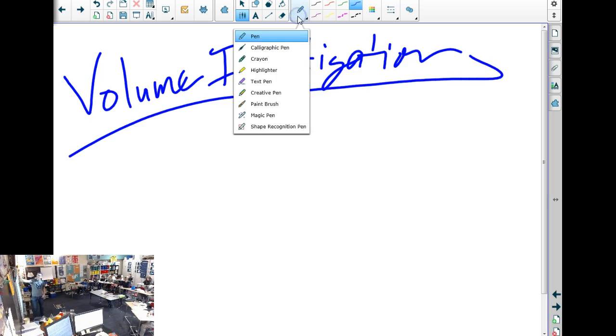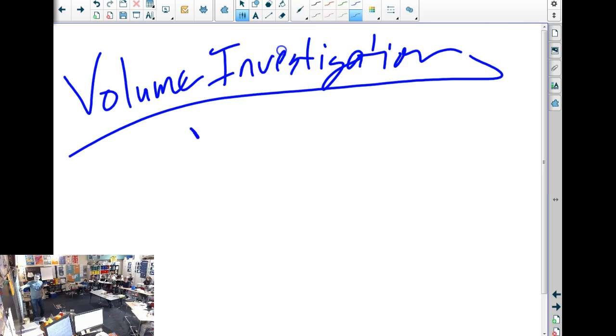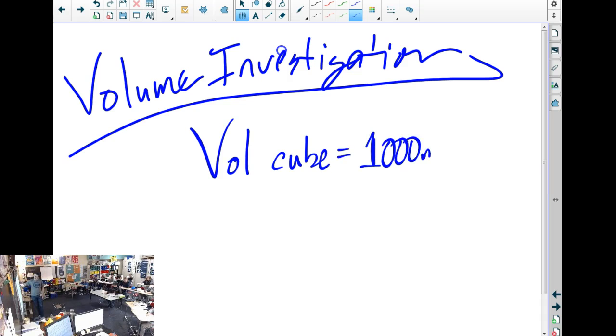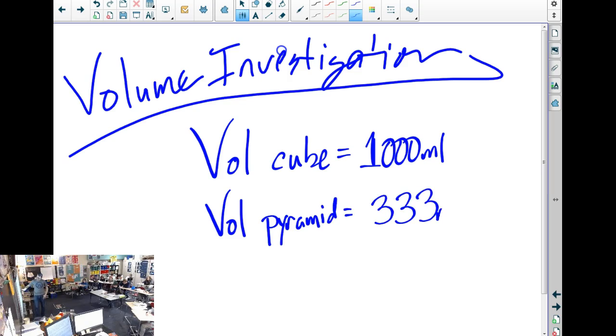Volume investigation. So we said the volume of the cube was 1,000 milliliters. And the volume of the corresponding pyramid, if we do the math, is 333 milliliters. Now, think about this.